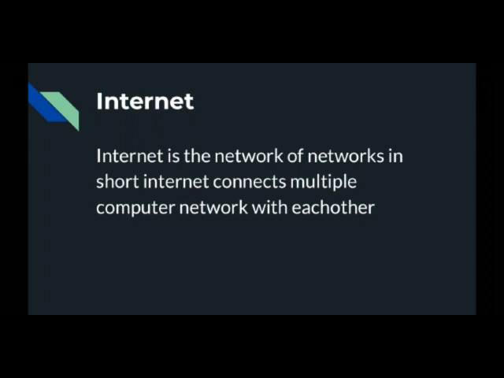So separately we have 3 separate networks in this institution, and these all 3 networks are independent of each other. Now if lab 1 wants to interact with lab 2, for that there is a need of internet.